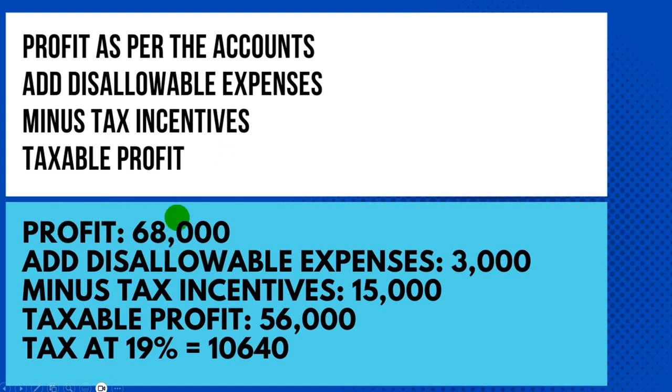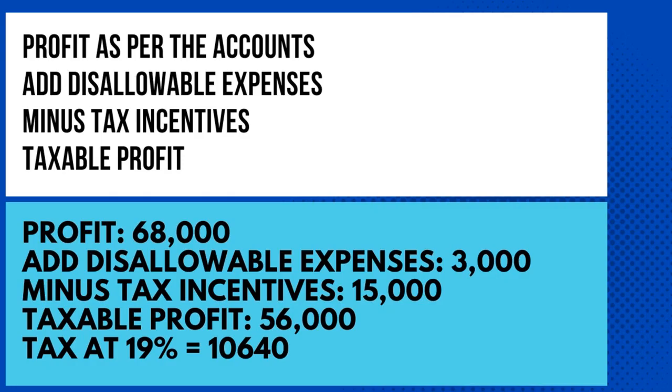So let's say the profit as per the accounts is 68,000. We add any disallowable expenses. In this example, let's say that's client entertaining, which is 3,000. So that actually brings our profit from 68,000 to 71,000. So 71,000 is higher than 68,000. So that profit figure has grown. We're potentially paying more tax.